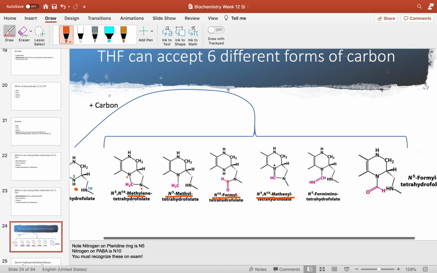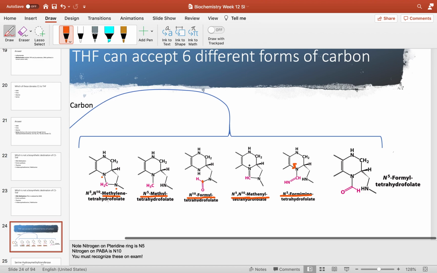In this 5th form, we see that we have this carbon. It's oxidized, but it's not attached to an oxygen in this case. It's attached to a nitrogen. So this is formimino, and it's attached to this 5th nitrogen up here. So this is N5 formimino THF. And this last one over here, we see an aldehyde. Remember, I told you guys that was formyl.